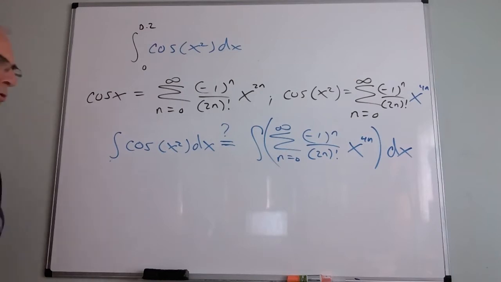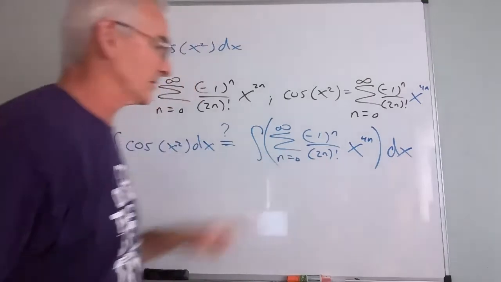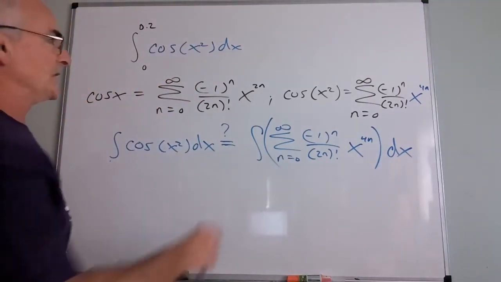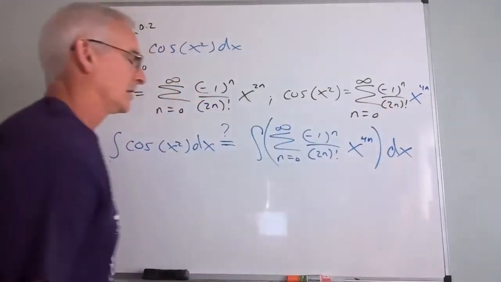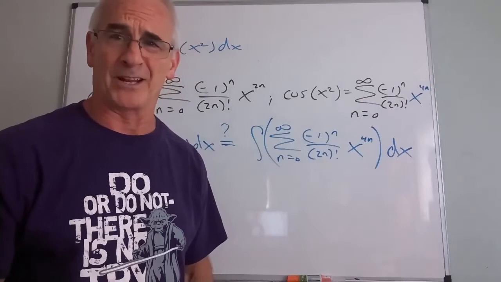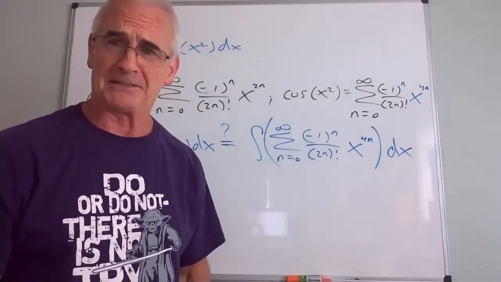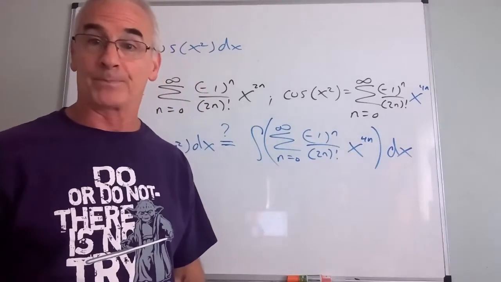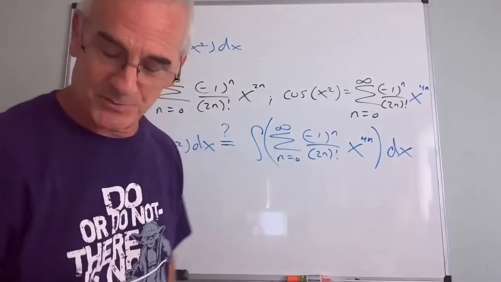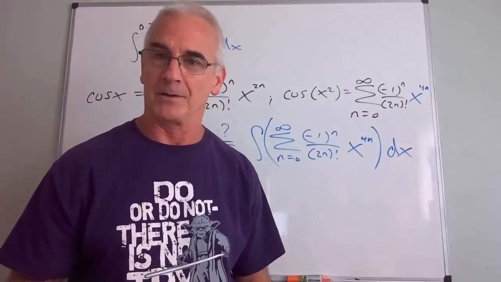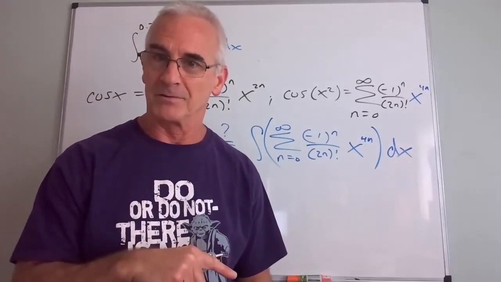What do you think? The integral of this is equal to the integral of this crazy looking thing. True, because we said that this is equal to this. But I have an infinite polynomial, I have to integrate it. That might take me a little while because there's an infinite number of terms I have to integrate. Actually, no, I only have to integrate one term because we know something about integrals. So don't we know that the integral of a sum is the sum of the integrals? We know this.